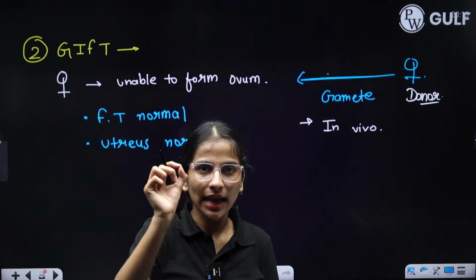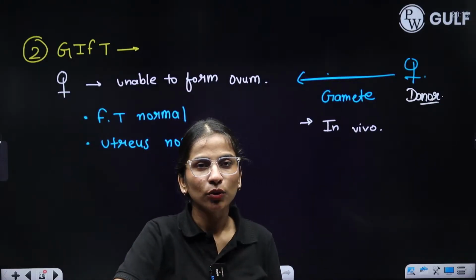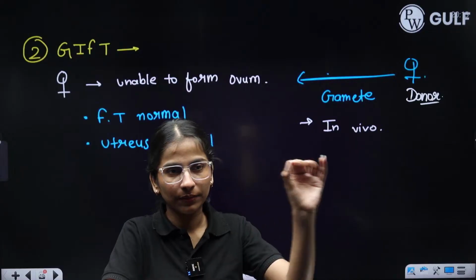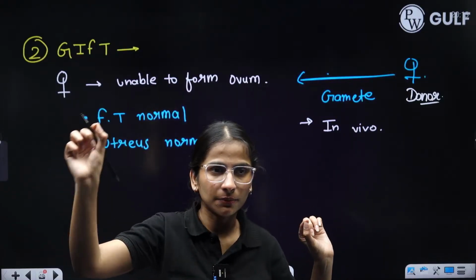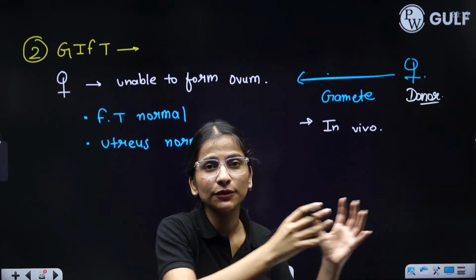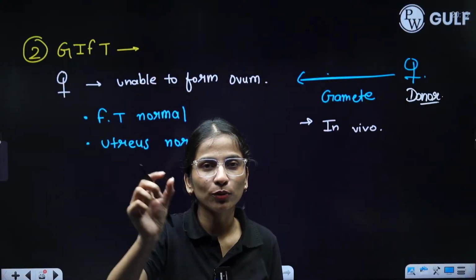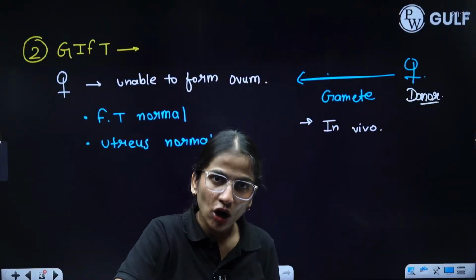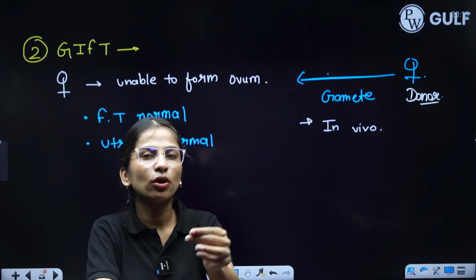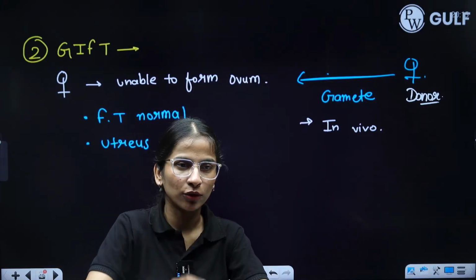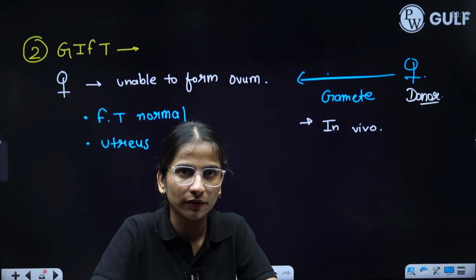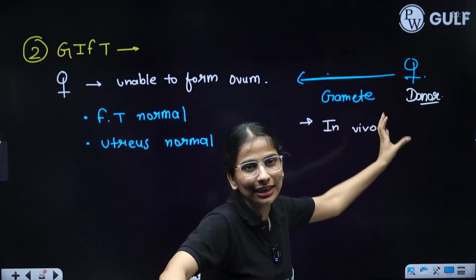Now that egg can be directly transferred to the ampullar region of the couple who wants to conceive. The egg is from some other person and it is transferred into the ampulla of the fallopian tube of the recipient. So biologically, obviously, the child is not going to be hers, but she is going to carry it for the next 9 months. She is going to be the official mother of the baby if a donor is involved.